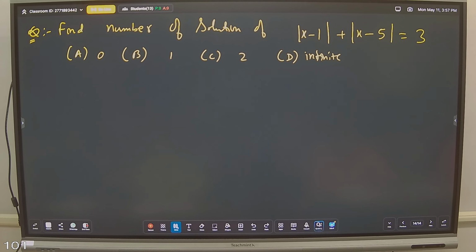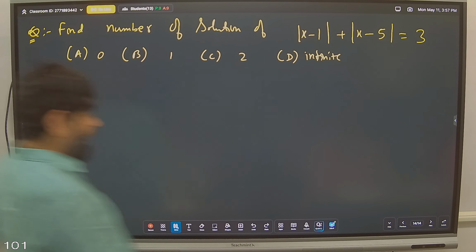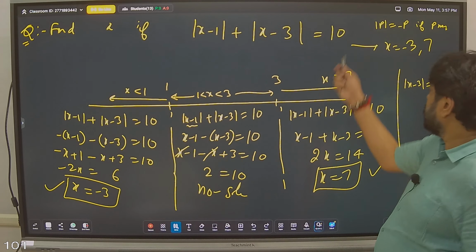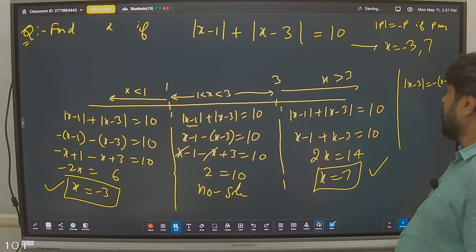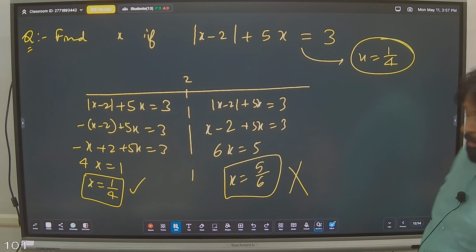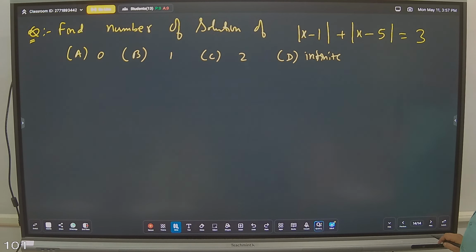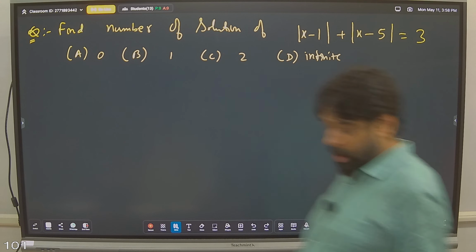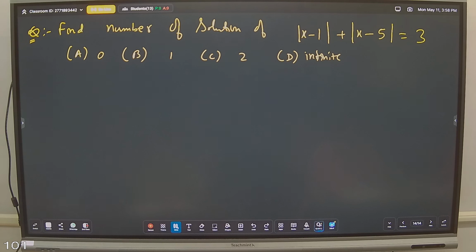Number of solutions. Like the previous question, number of solutions, how many did you get? 2. Yes or no? If I say for this question, number of solutions is 2. For this question, number of solutions is 1. Are you able to understand? In the same way, I made an objective question. Solve it and give it to me correctly. Solve properly, no mistakes.